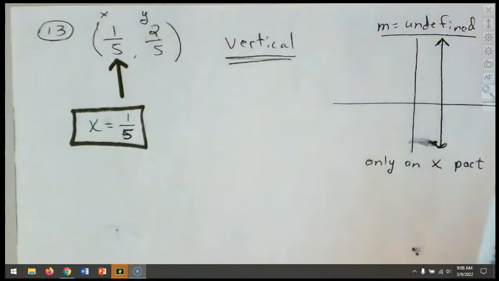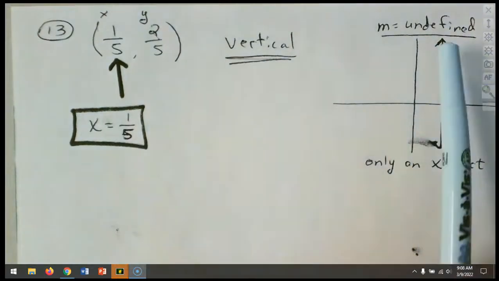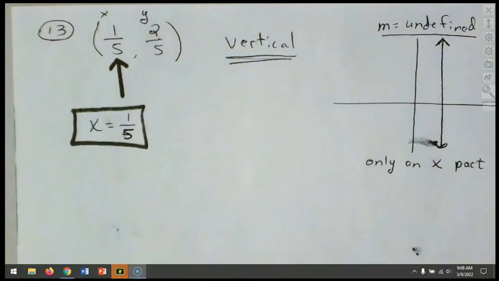Draw a picture. I think pictures really help. You can even plot the point if you need to. But when it's a vertical line, it's undefined slope, and you only have an x part. If your slope is 0, it's a horizontal line, you only have the y part. And if it's any other number, it's a diagonal line, and you have both the x and the y components.